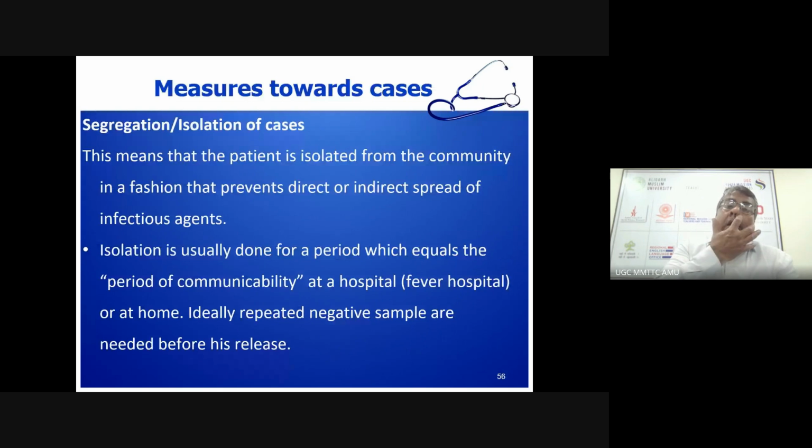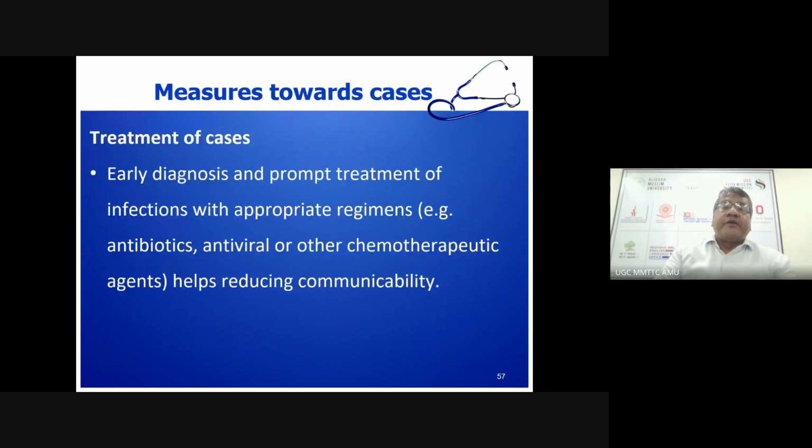Isolation is usually done for a period which equals the period of communicability, at a hospital or at home. Ideally repeated negative samples are needed before release. Every disease has a definite period of communicability, so isolation is done till the end of that disease's period of communicability.